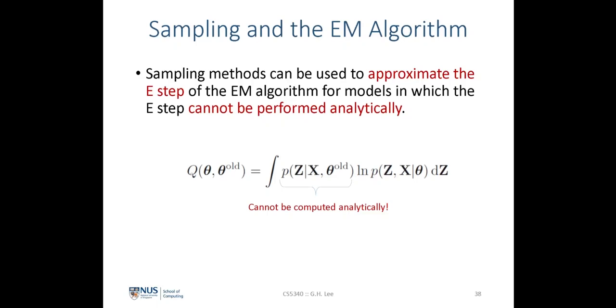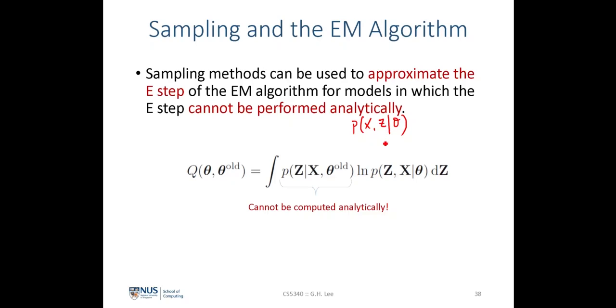Now, the sampling algorithm can also be applied to the expectation maximization algorithm, where we use the expectation maximization algorithm to solve for the case where we have a set of observed random variables as well as a set of latent random variables and unknown parameters for the distribution.